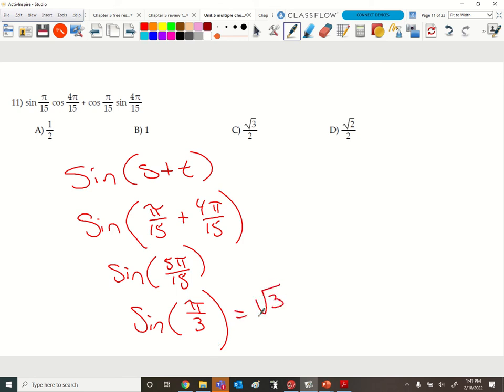We're at 3 over 2. So some of them it's quicker to do by hand, other ones it's quicker to do the Aldo.